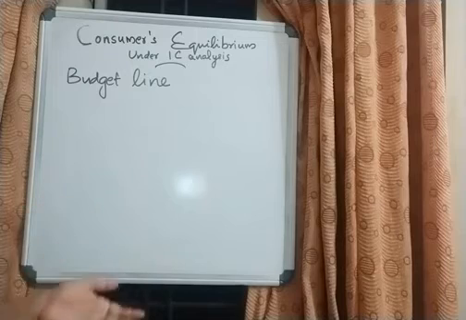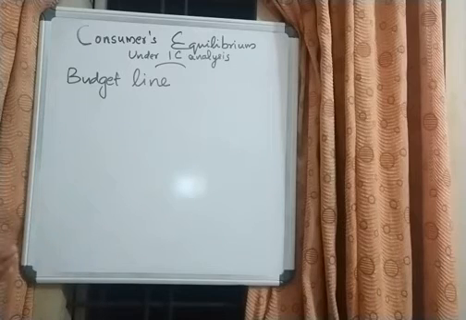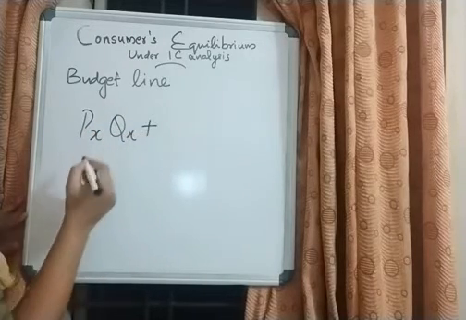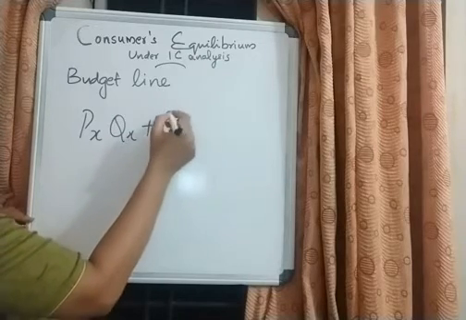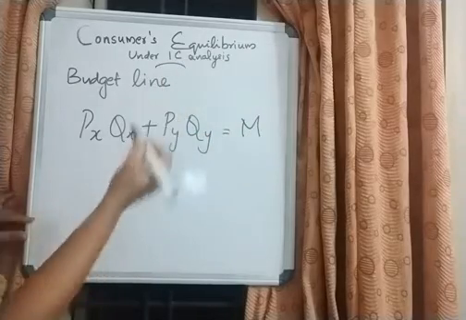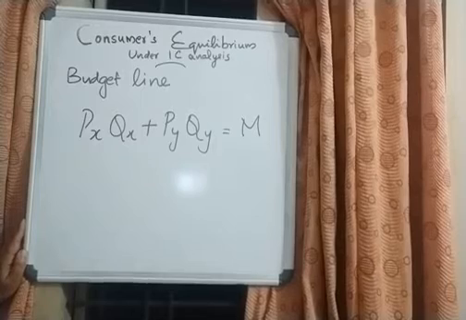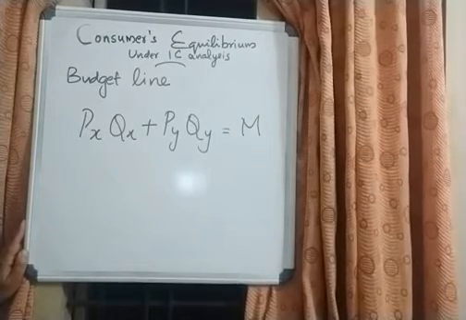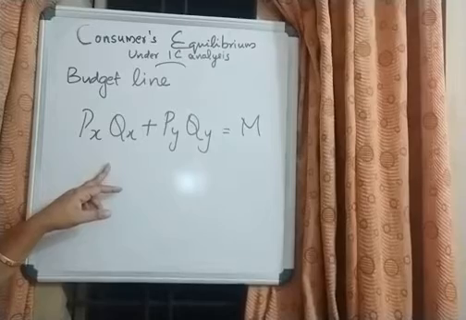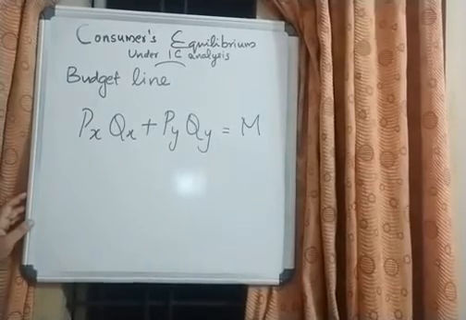The equation for budget line is Px Qx plus Py Qy is equal to money income of the consumer, that is, price of X into quantity of X plus price of Y into quantity of Y is equal to M.